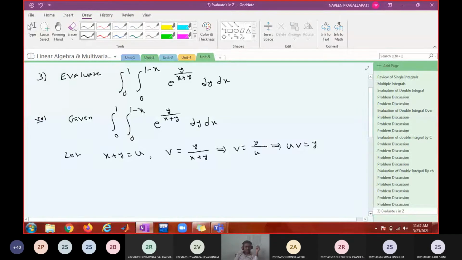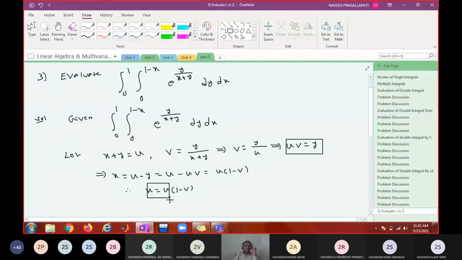Is that okay? So in that case, what will be x? Is it fine? Now in this case, we got both x and y in terms of u and v, which is a direct substitution. Okay.